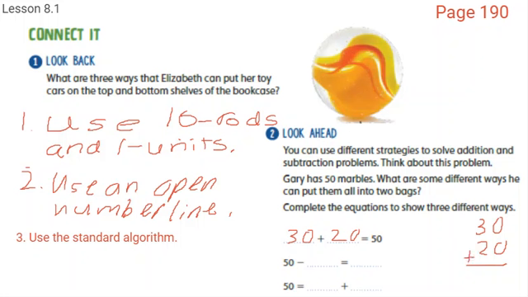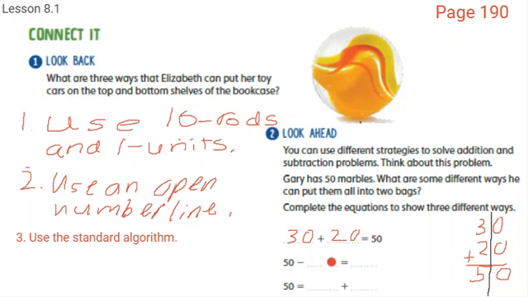I'm going to draw my line down the middle. And I highly encourage you to do this right now. When you get a little bit better and your writing is better, you'll be able to do this without having to draw the line. But here we go. So 0 plus 0 ones is 0. 3 tens plus 2 tens is 5 tens. There we go. So validated that 30 plus 20 is equal to 50.